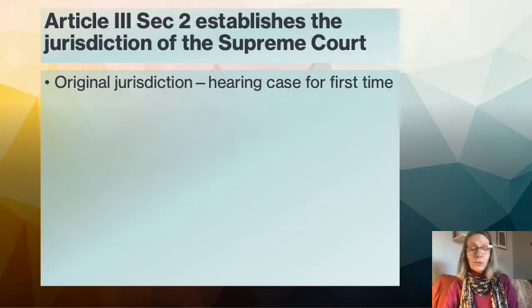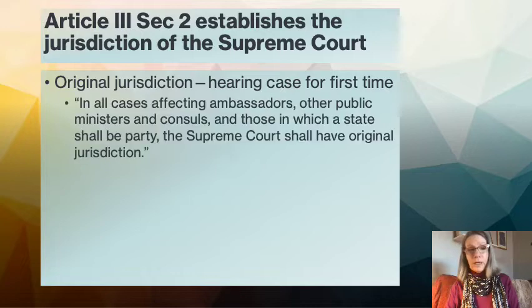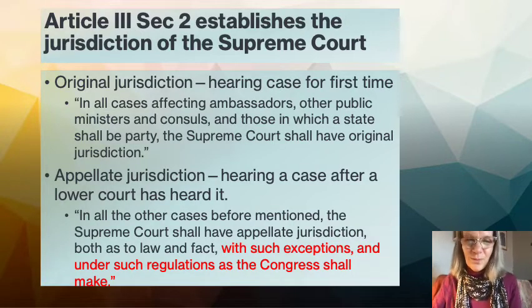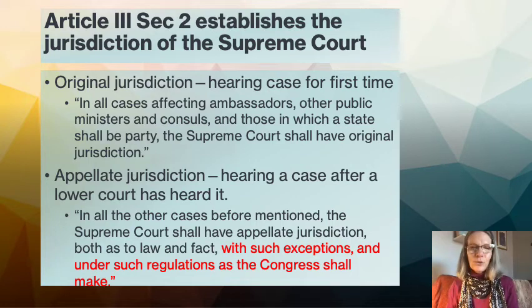Article 3, Section 2 establishes what the original jurisdiction of the Supreme Court is and what the appellate jurisdiction is. So let's put this up here, the language from Article 3, Section 2 of the United States Constitution, because it's there that we have spelled out the original and appellate jurisdiction of the Supreme Court.